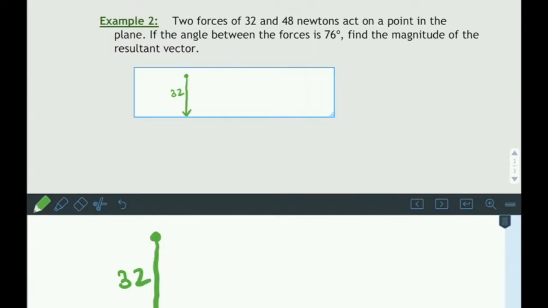I don't know the individual directions for these two forces, but I do know that the angle between my forces is 76 degrees. So I'm going to draw my second vector here. I'll try to get it to scale. My magnitude on vector 2 is 48 newtons. And then my angle between those forces is 76 degrees.